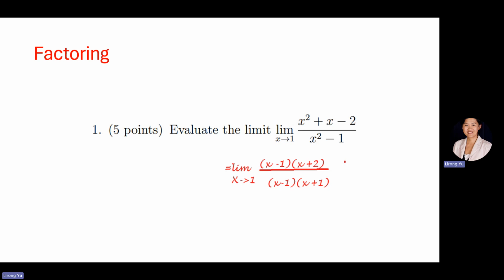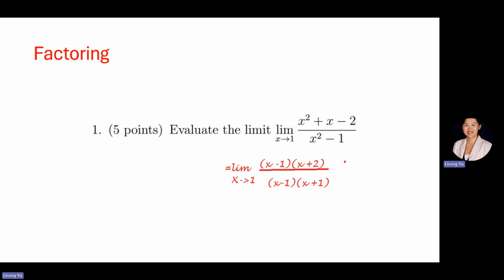So we know the numerator and denominator both have x minus 1 as a factor, and we try to factor it. It turns out that's right. Numerator factors into x minus 1 times x plus 2. Denominator factors into x minus 1 times x plus 1. This you can factor. I hope that you had some practice of factoring in college algebra. Now we realize numerator and denominator have a common factor.